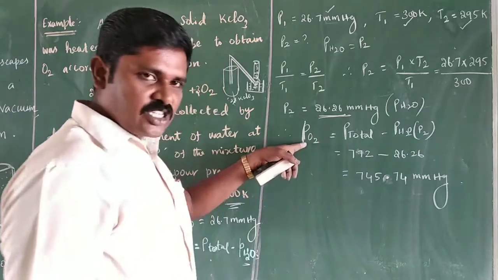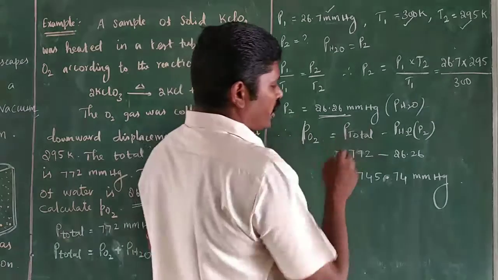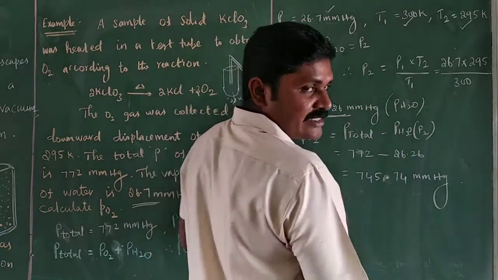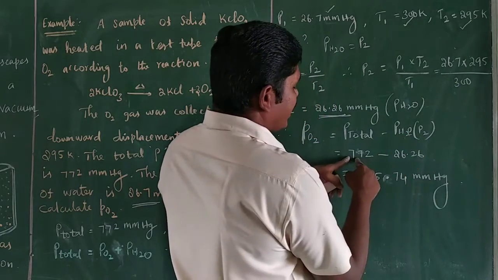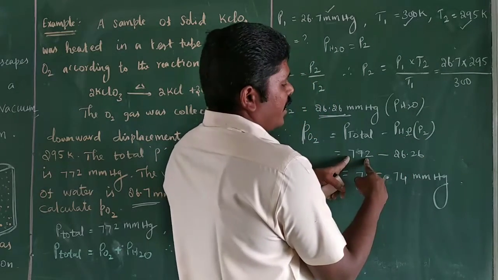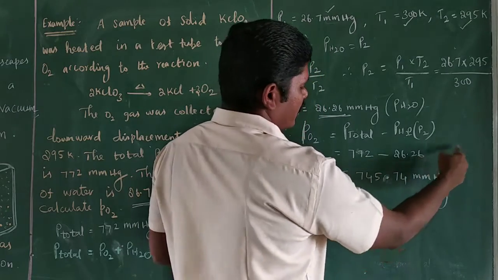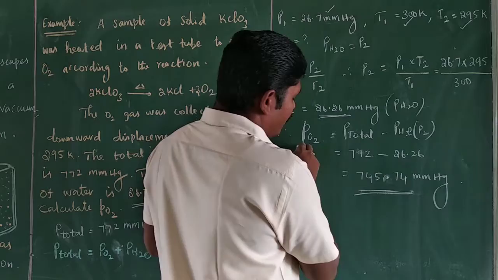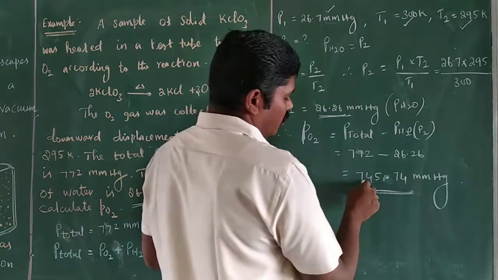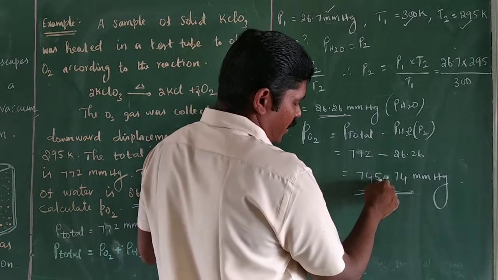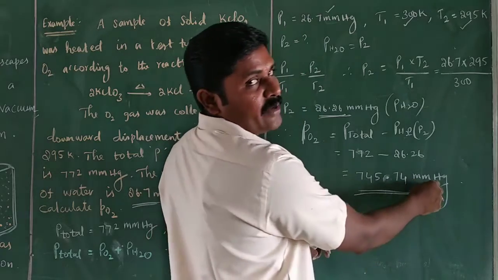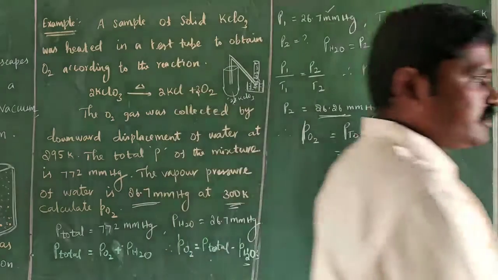Therefore the partial pressure of oxygen is equal to the total pressure minus the aqueous tension: 772 minus 26.26, which is 745.74 millimeter of mercury.